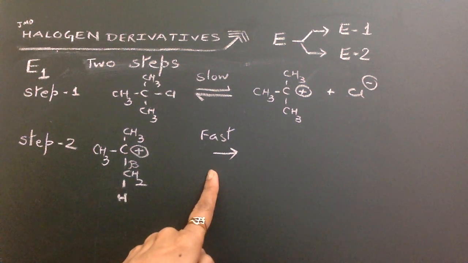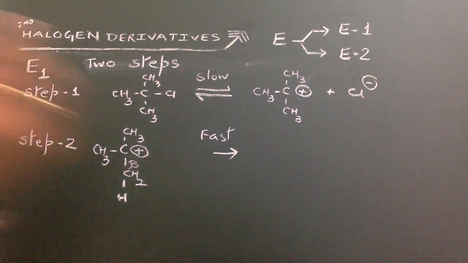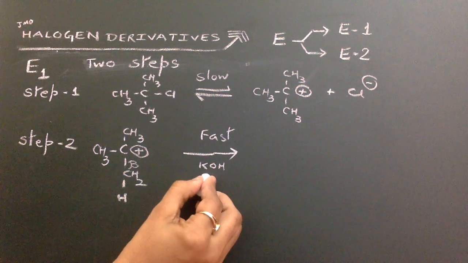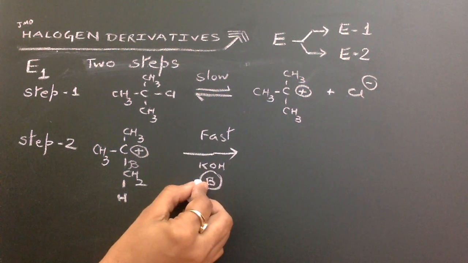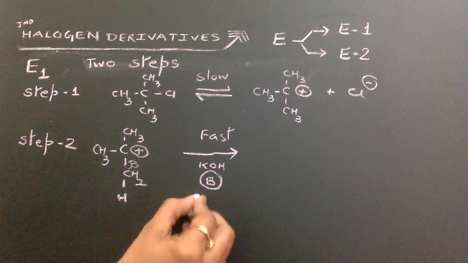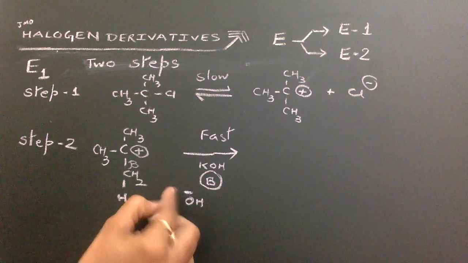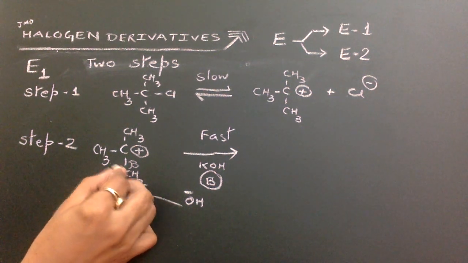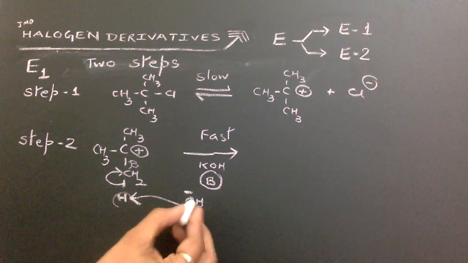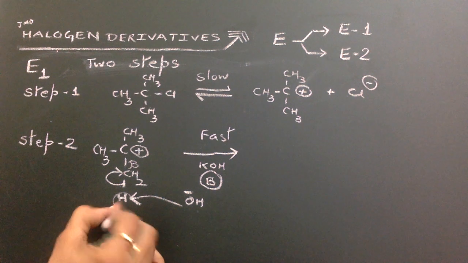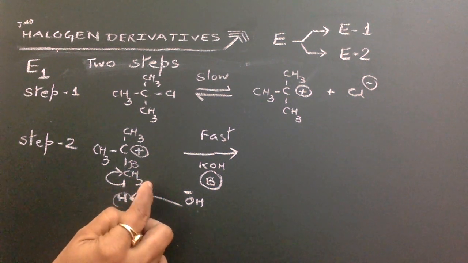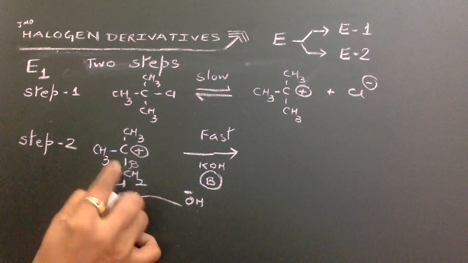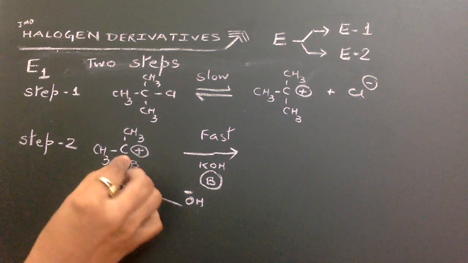The base, which is behaving as base in alcoholic medium, OH minus, having an electron pair, attacks the H, which has lost its electron to the beta carbon, and so it is a proton. So the base abstracts a proton from the beta hydrogen and forms an elimination product. This bond goes to carbon, and finally it makes a pi bond over here.